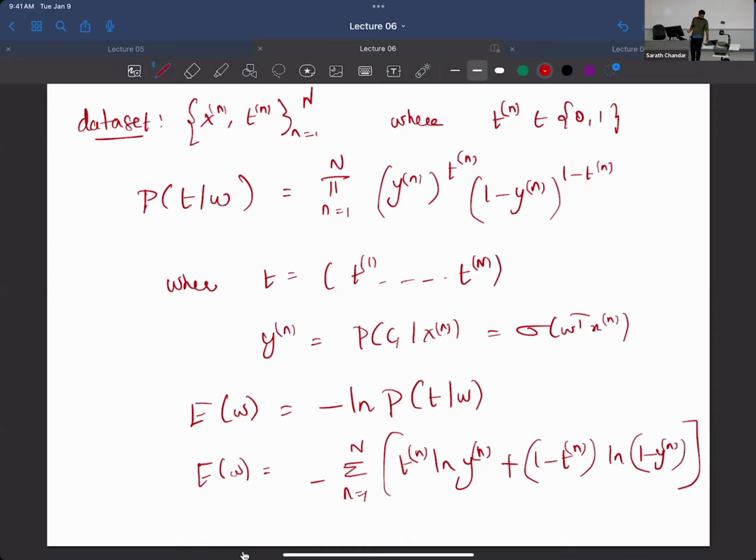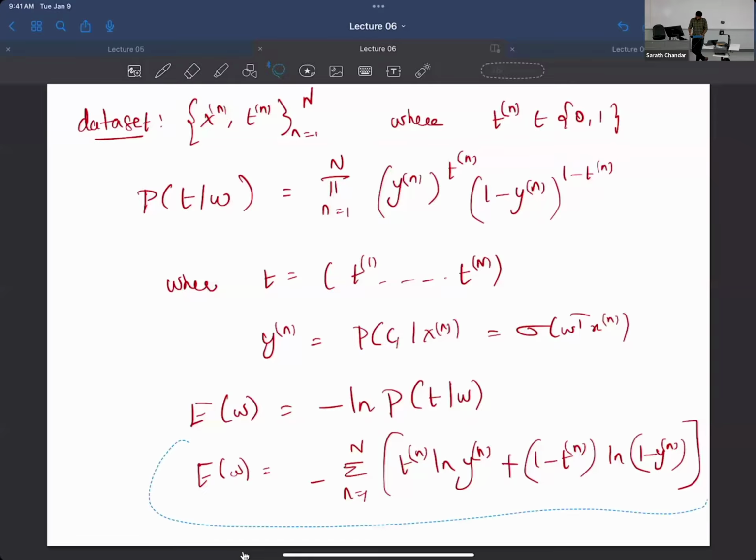This is my error function. Is that clear? So now we are going to differentiate this E of W with respect to W. You will get a gradient, and just do gradient descent using that. Is it clear? Okay, let's do that.